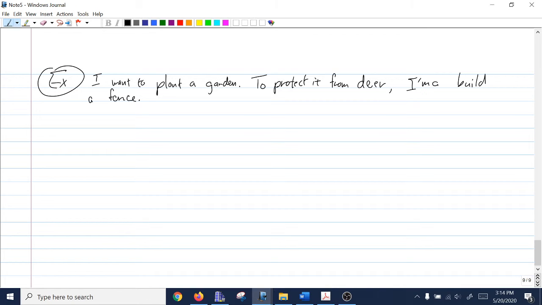I'll use the north side of my house. So one side of the fence, one side of the garden will be my house. I don't need to fence that part. I don't need fencing on that side.